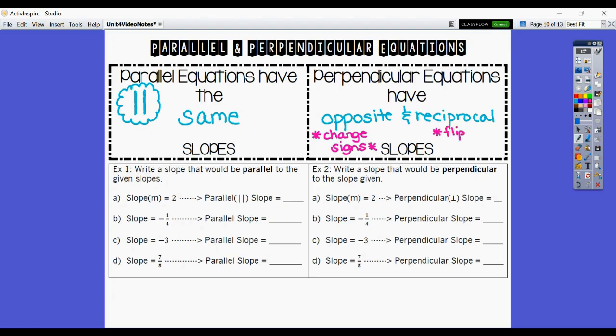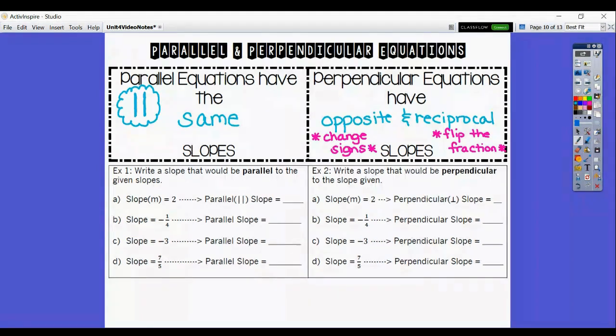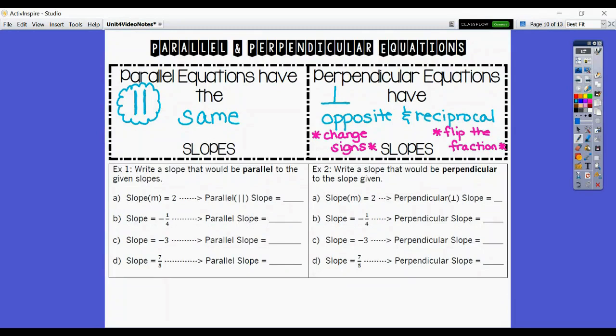That's what reciprocal truly means. The symbol for perpendicular is going to be an upside down T. That's what our two lines are going to look like, meeting perfectly at a 90-degree angle.